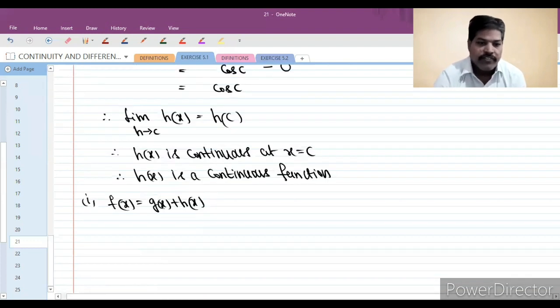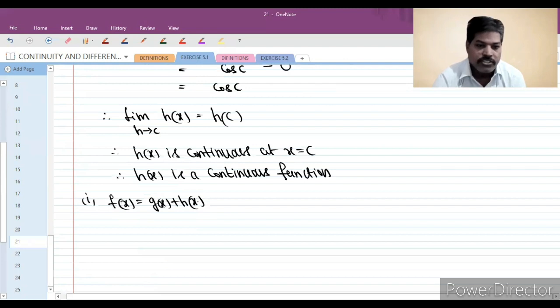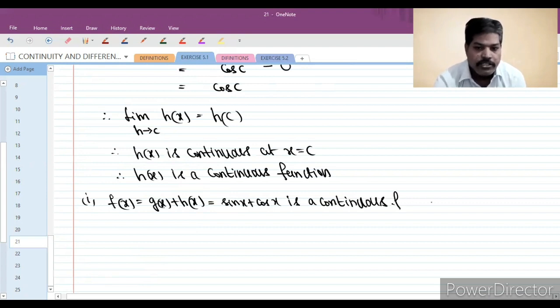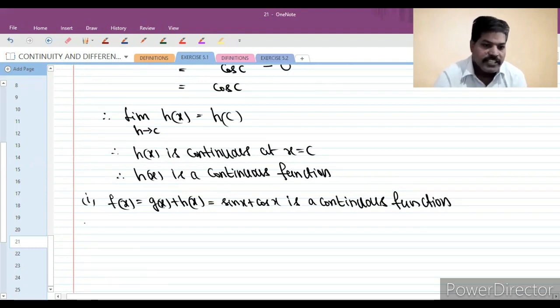So the first question, sin x plus cos x, is a continuous function.